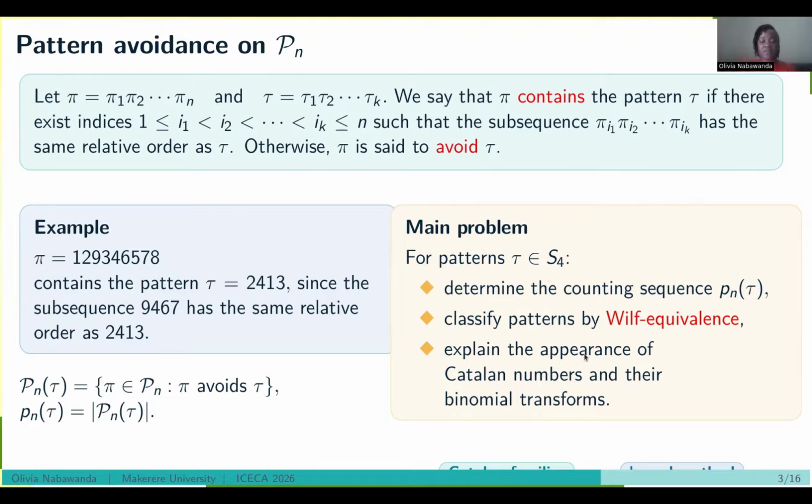In fact, we mostly focus on the patterns that lead to the Catalan numbers and the binomial transform of these Catalan numbers.